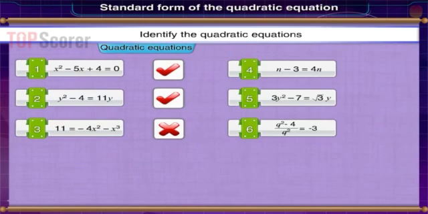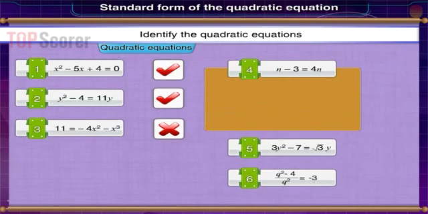Let us consider another equation. n minus 3 is equal to 4n. We can write this equation as minus 3n minus 3 equal to 0. When we write this equation in the standard form of quadratic equation, it becomes 0n square minus 3n minus 3 equal to 0.